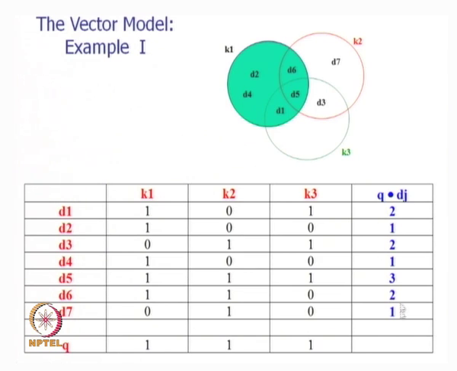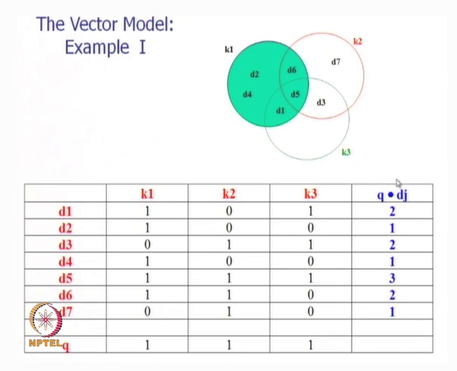So, that will not change the score of the documents. So, here we are taking the dot product of Q and Dj, 1, 1, 1. D1 score will be 2, D2 score will be 1, D3 score will be 2, D4 score is 1, D5 score is 3, D6 score is 2 and D7 score is 1.